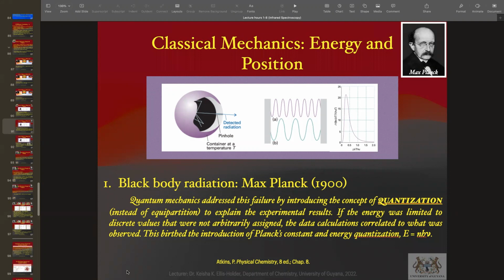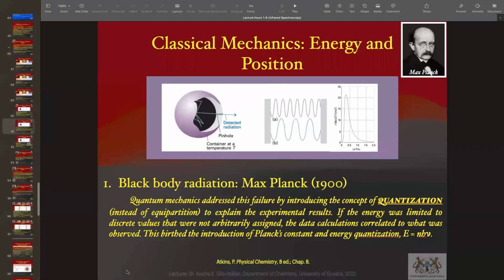And he basically is saying that in terms of black body radiation, which is not the focus of our conversation today, but was the experiment under observation at that time, this is actually the model that birthed the whole concept of quantization, essentially. He is saying that if the energy that was accessible to the object was limited to discrete values, we know that energy exists continuously, but access to the energy is selective.